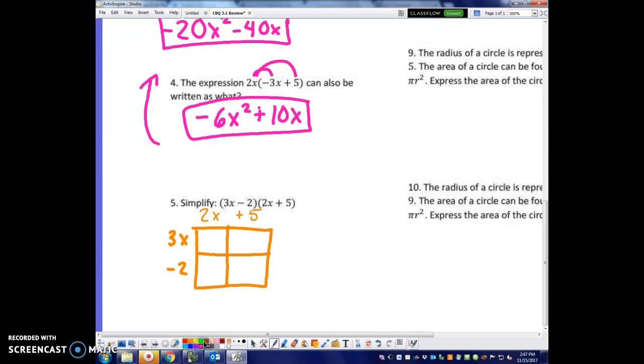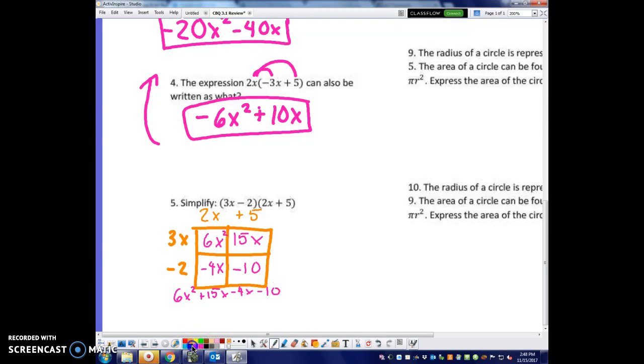Okay, when we multiply, 3x times 2x is, or let's do this, 3 times 2 is 6, x times x is x squared. 2 times negative 2 is negative 4, and then you have 1x. 5 times 3 is 15, and then we just have 1x. Negative 2 times 5 is negative 10. So we have 6x squared plus 15x minus 4x minus 10.